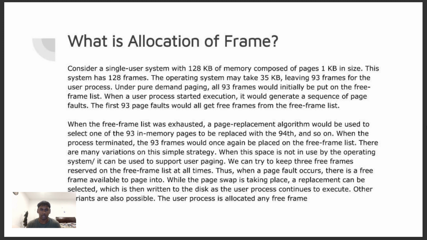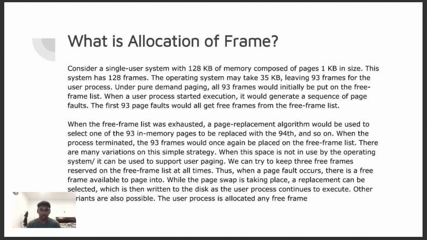Under pure demand paging, all 93 frames would initially be put on the free frame list. When a user process started execution, it would generate a sequence of page faults. The first 93 page faults would all get free frames from the free frame list.